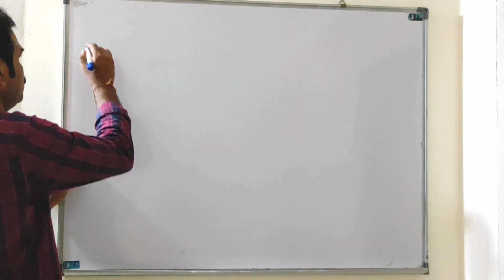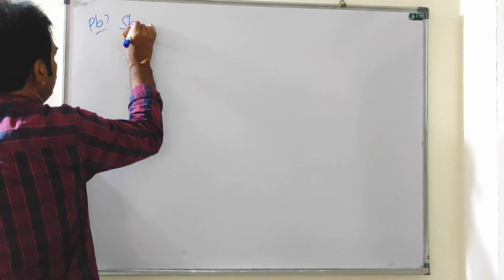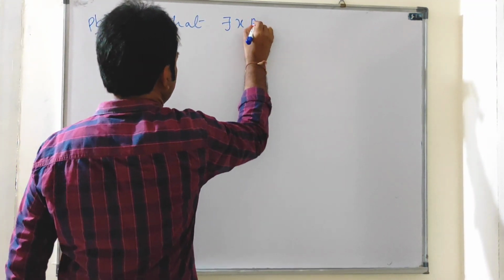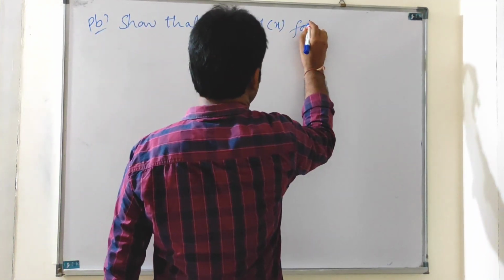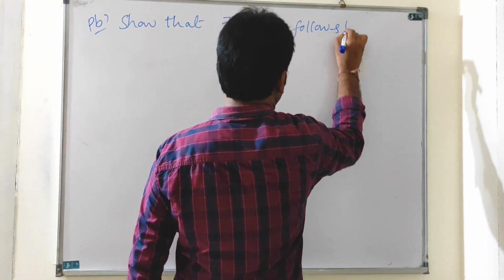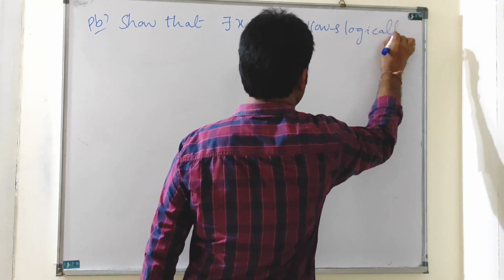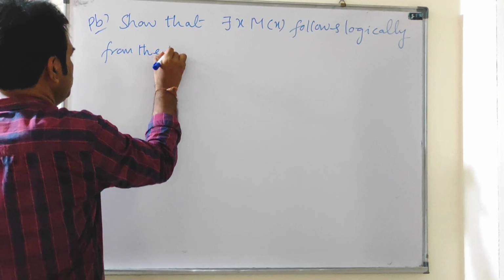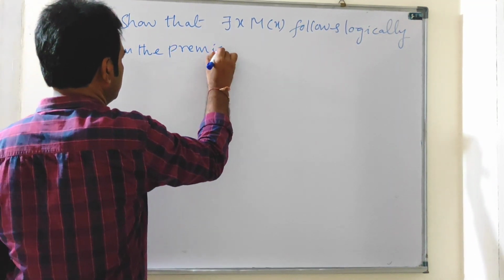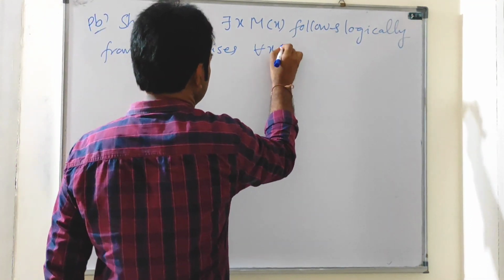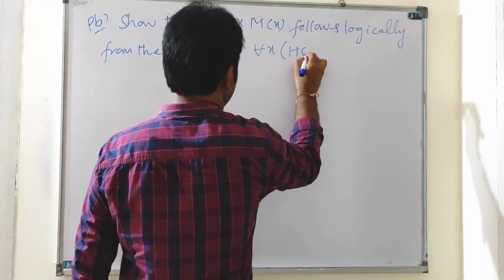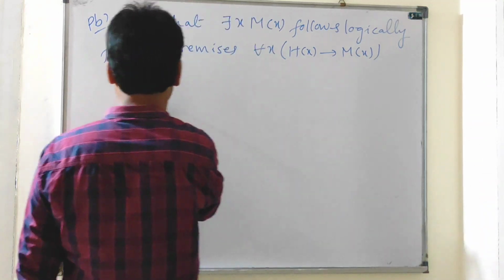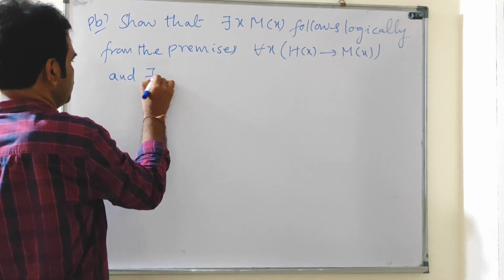Next problem. Show that there exists x M of x follows logically from the premises for all x H of x implies M of x and there exists x H of x.